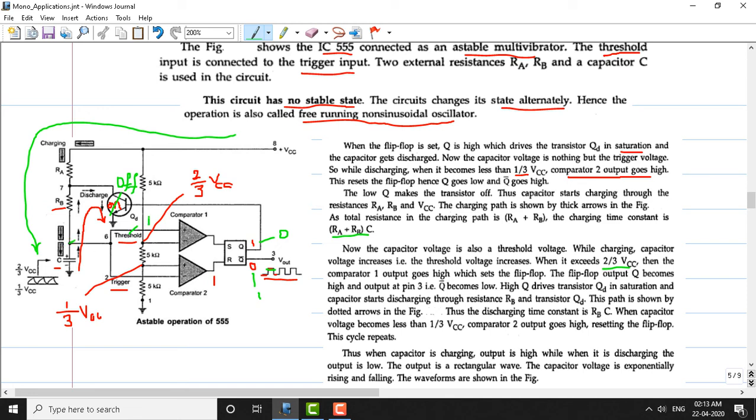The threshold voltage keeps increasing. When the threshold voltage keeps increasing, the comparator 1 output goes to high level here. So that's what is shown here. Then the comparator 1 output goes high, which sets the flip-flop. Now the flip-flop output becomes 1 once again. It becomes high. When Q becomes 1, Q bar becomes 0. So that means the output waveform now returns back to 0 here.